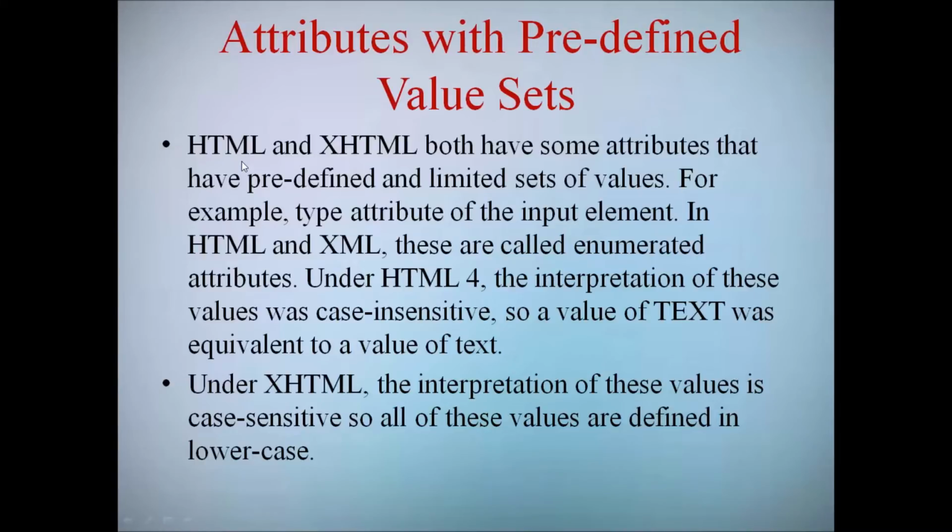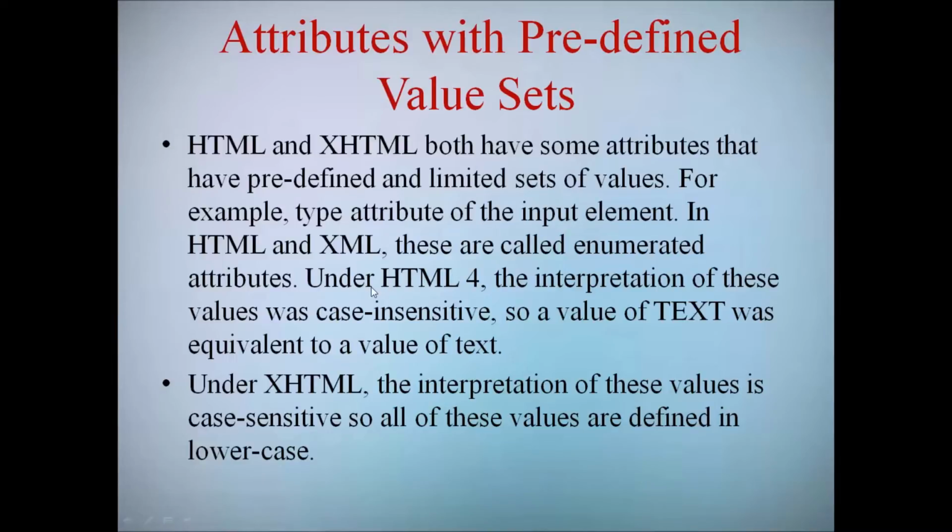So the XHTML. HTML and XHTML both have some attributes that have predefined and limited sets of values. For example, the type attribute of the input element in HTML and XHTML. These are called enumerated attributes.